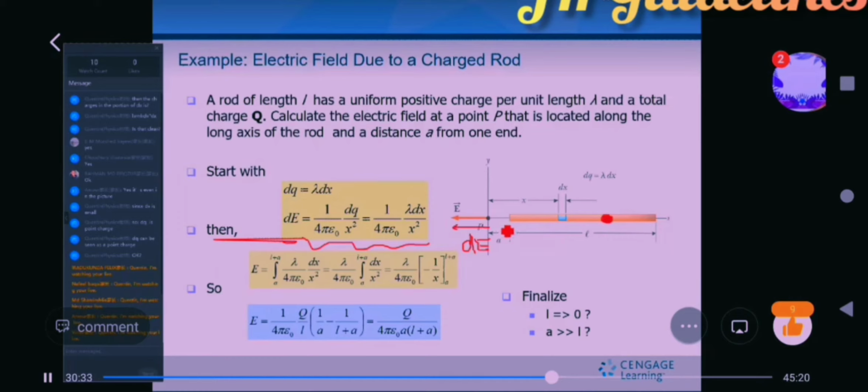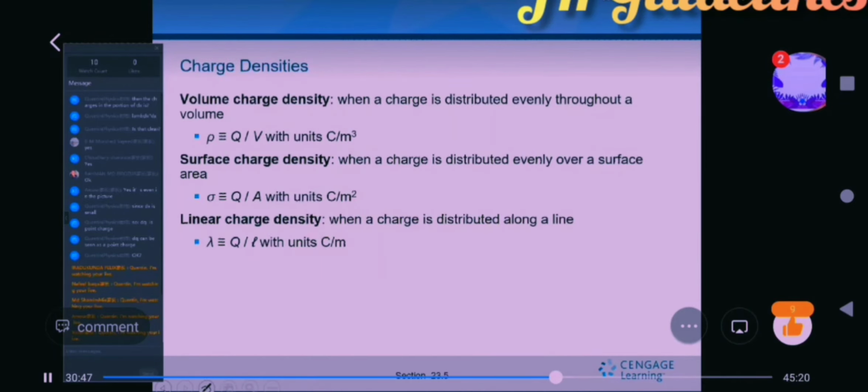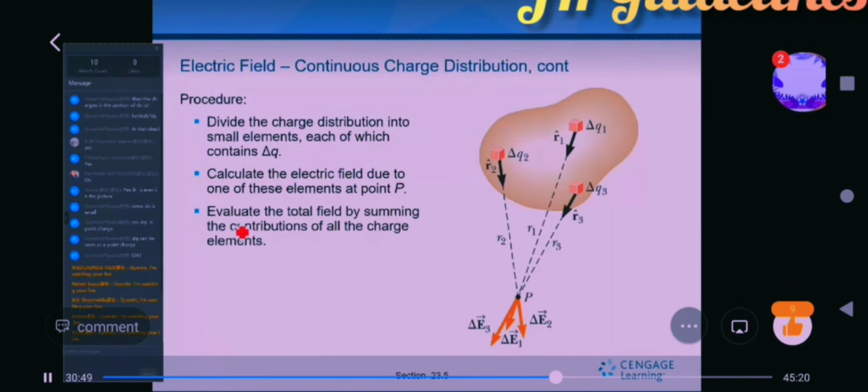to the negative x-axis. So what we need to do is add all these dE together. That will give us the total field, summing the contributions of all charge elements.